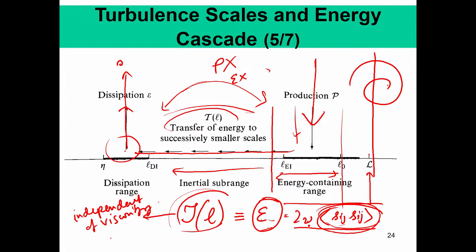So what is Sij? Sij is nothing but the gradient of the derivatives of the fluctuating velocities, the strain rate. So that means the strain rates must increase. The strain rates can increase only by reducing your length scales, and that is why the dissipation rate essentially remains the same, whereas the size of the scales becomes smaller and smaller. Okay. So that is basically the basic mechanism of turbulence.